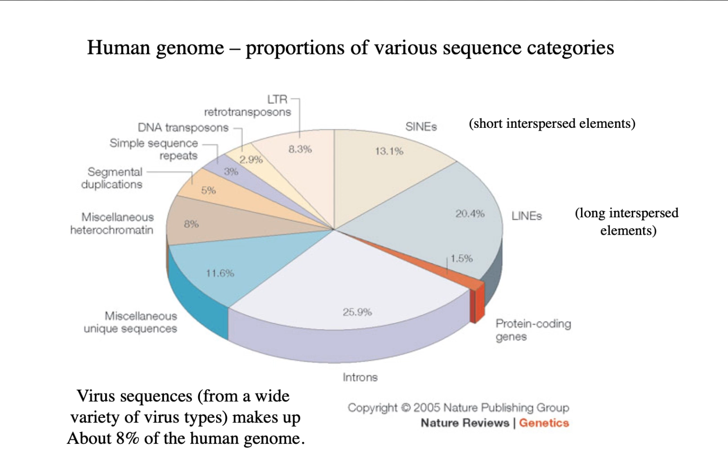About 45% of the genome is made up of transposable elements, LINEs, SINEs, LTR retrotransposons, and DNA transposons. Duplications, simple repeats, and other heterochromatin, as well as introns, make up a large proportion of the genome as well. So those have been the major increases in the animal line anyway.